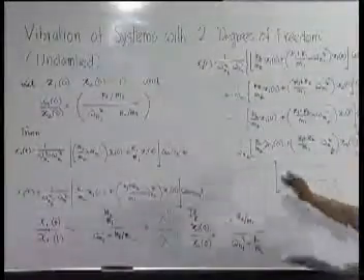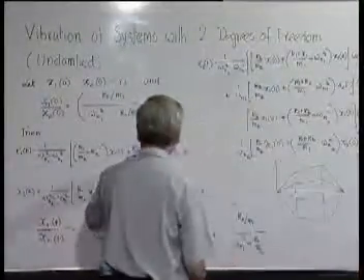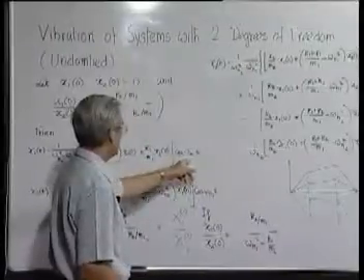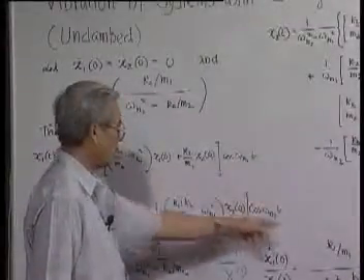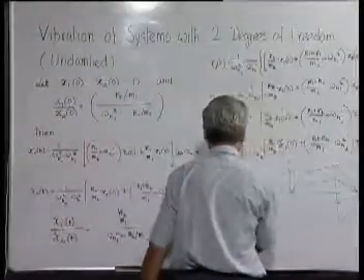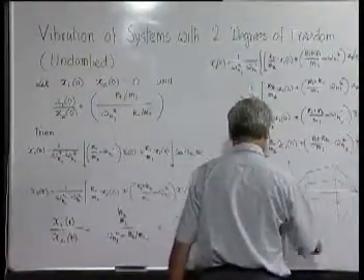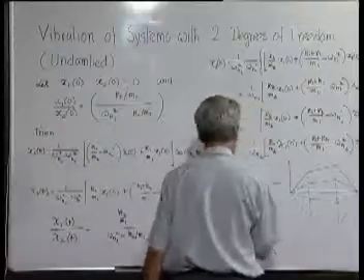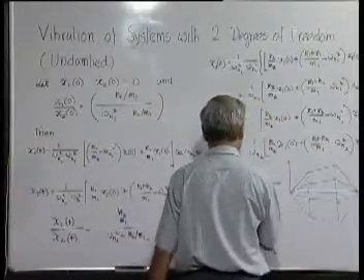We can substitute and verify. Then again we are getting the same, that means the vibration of the whole system, x1 and x2, will be simply proportional to cosine omega n2 t, and that will be the second mode.